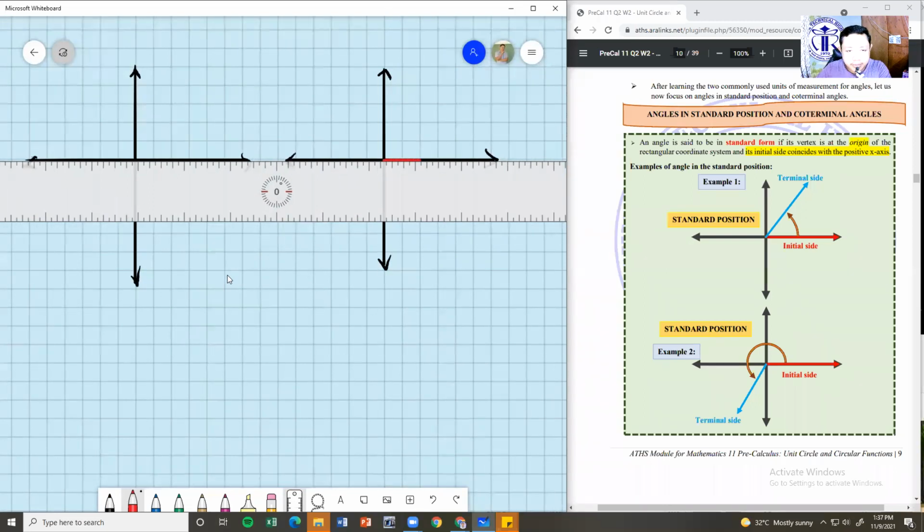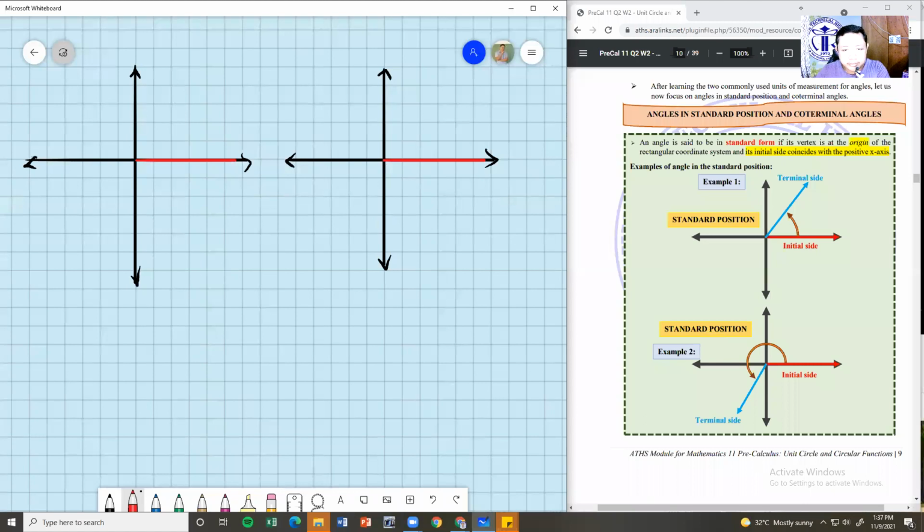It has standard position if your initial side or the start of your angle is on this side. So let that be the initial side of your angle. Okay, I made it red.